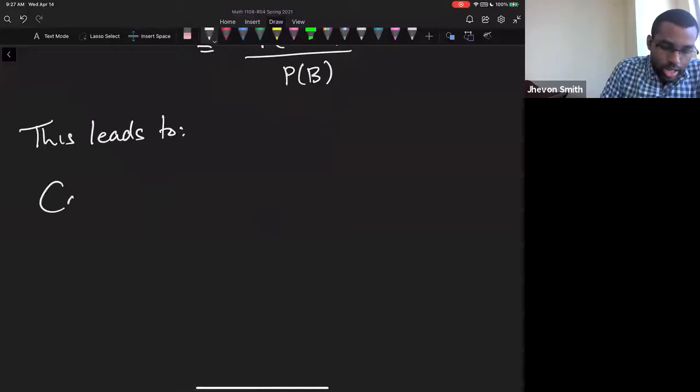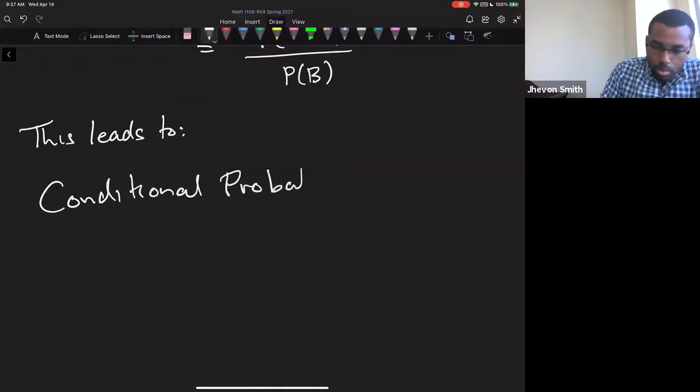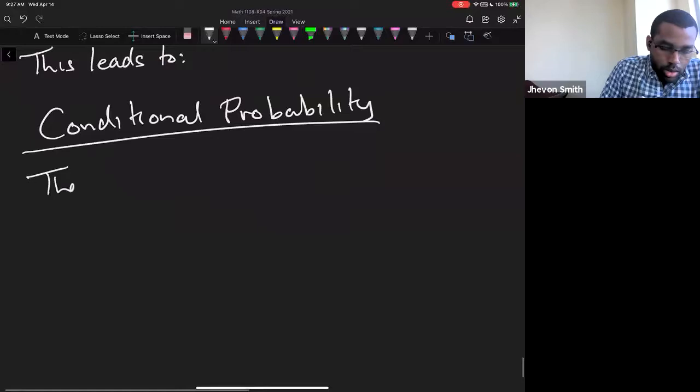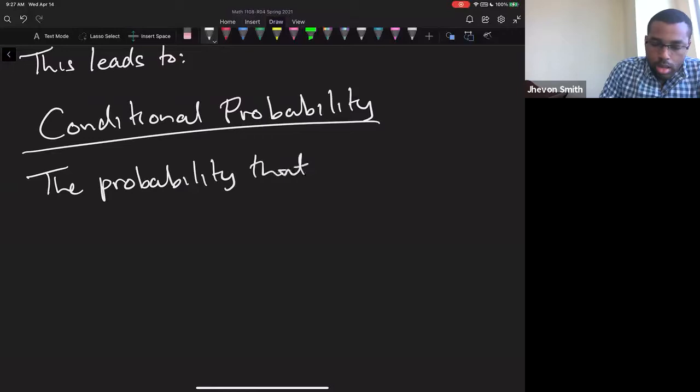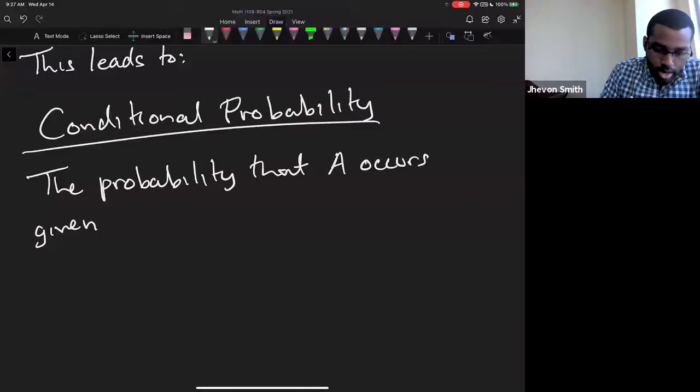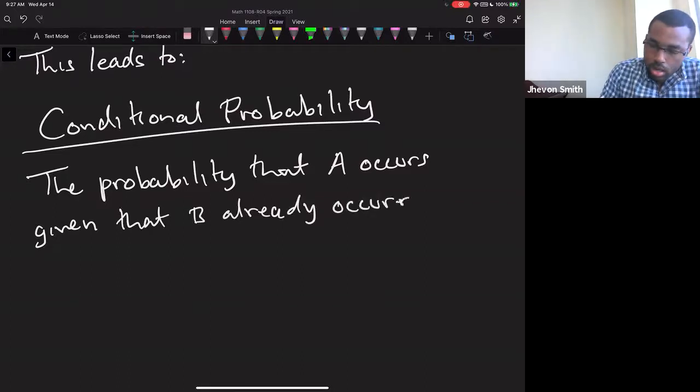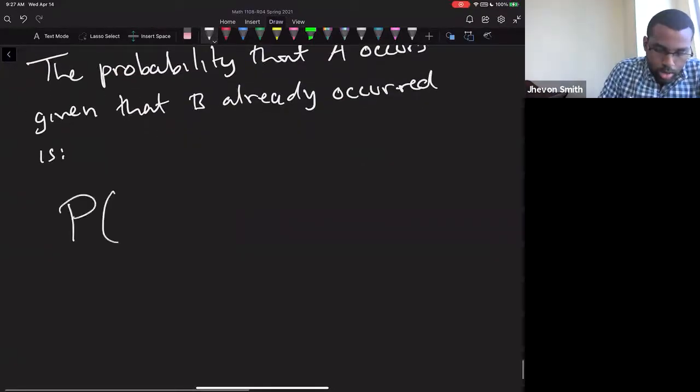So this leads to what we call a conditional probability. The probability that A occurs given that B already occurs is, this is the symbol that we use, probability of A given B. That's how it's read.